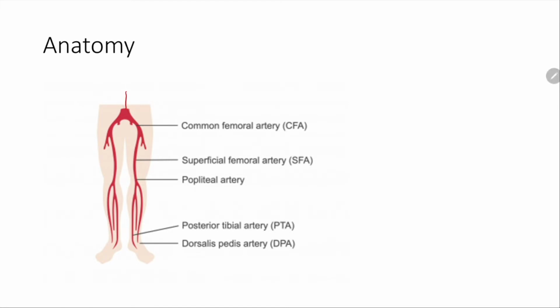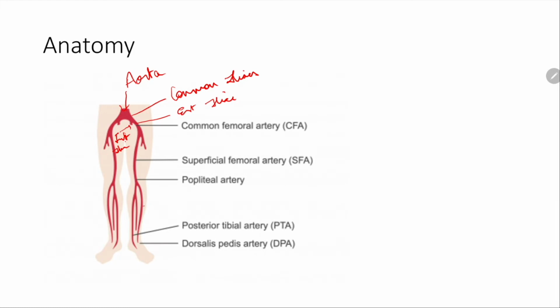This right here on top is the aorta, which divides into the common iliacs, which divide into the small vessel, the internal iliac. This is the external iliac, which continues as the common femoral, which divides into the superficial femoral, which continues as the popliteal vessel.